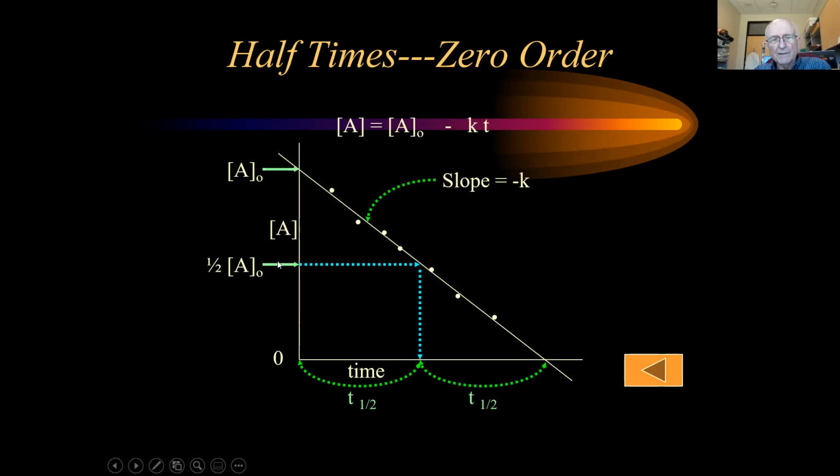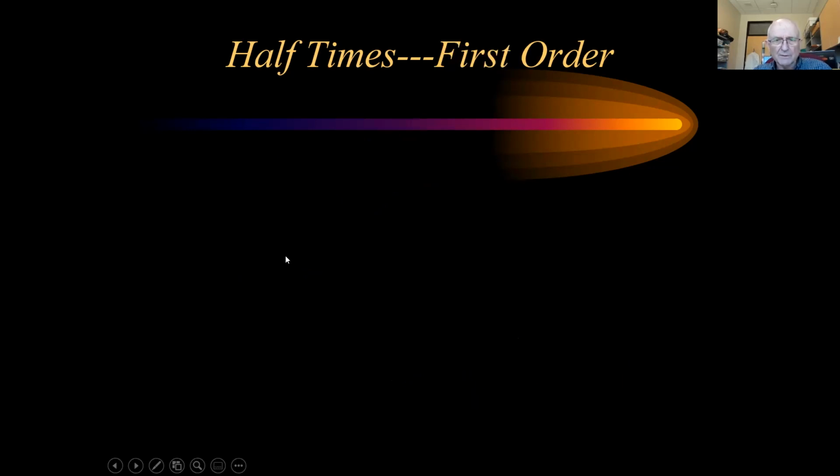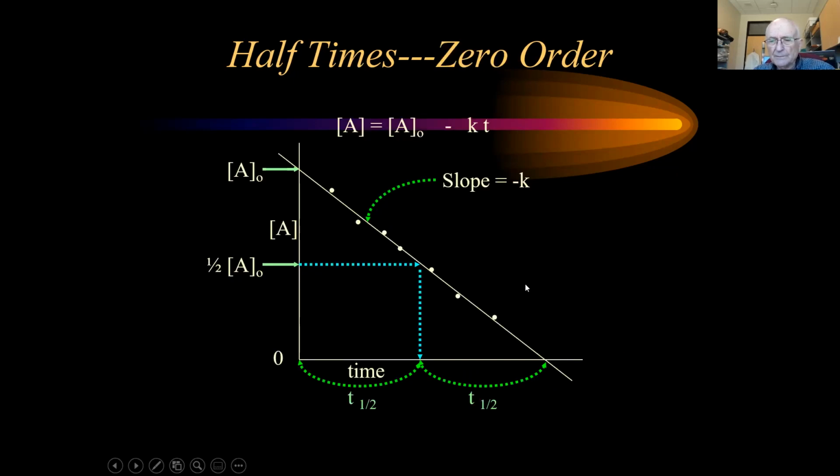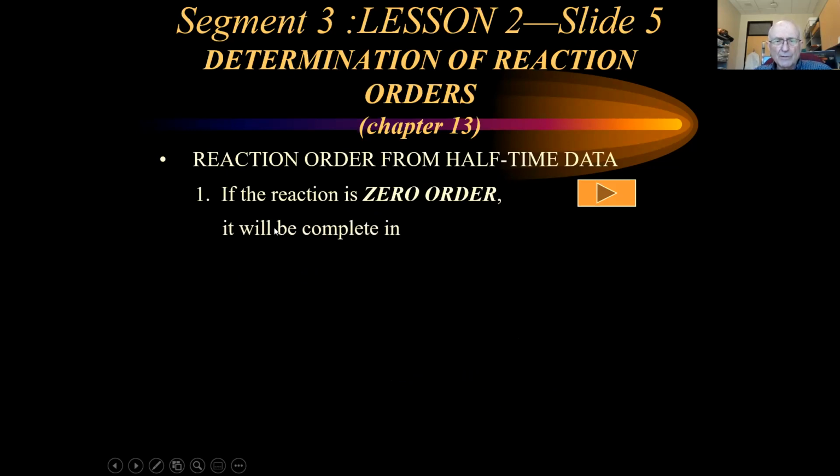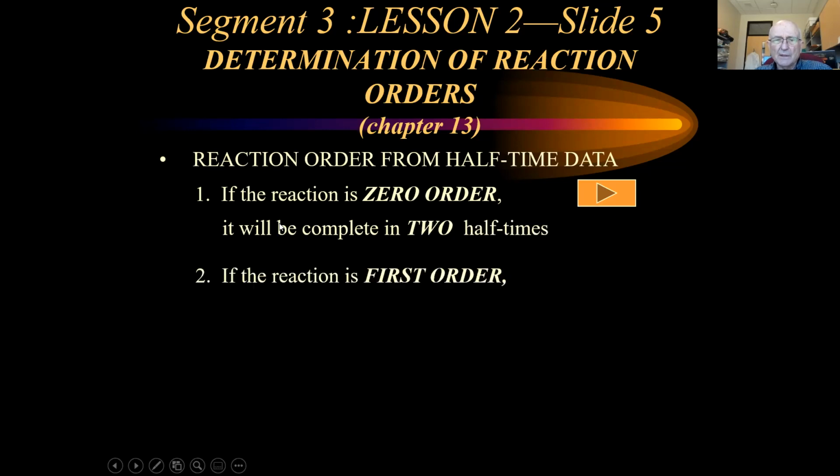So the zero order reaction is completely over at 2 half times, because it takes the same amount of time to go from here to here as it would take to go from here down to 0. All right, so zero order reactions will be complete in 2 half times. The reaction is completely over.